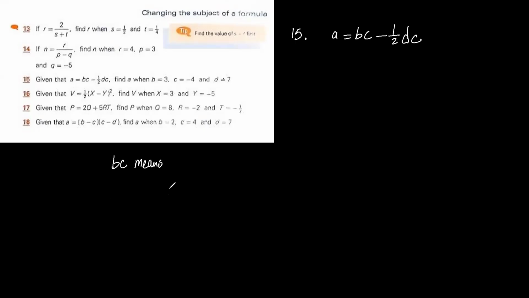Not too sure? You know it, man. BC, make a guess. That's all right. Try, Isaiah. Because A is equal to BC, what does BC mean?